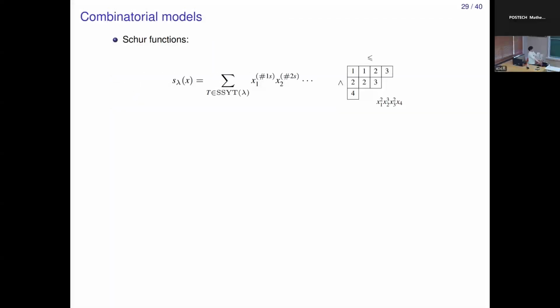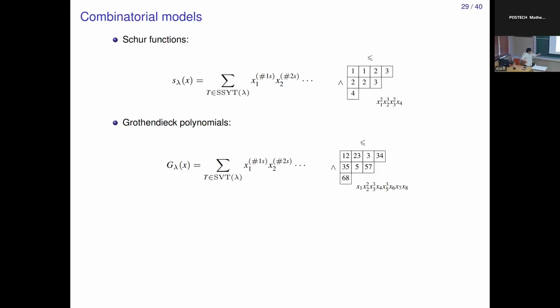And let me tell you the combinatorial models. The Schur function, we know that's the sum over all SSYT. So it's a filling of this Young diagram with these conditions. And set-valued tableaux are interesting objects. Instead of putting an integer in each box, we're going to put a set. So that means we can put more than one integer. But because it's a set, the integers must be all distinct.